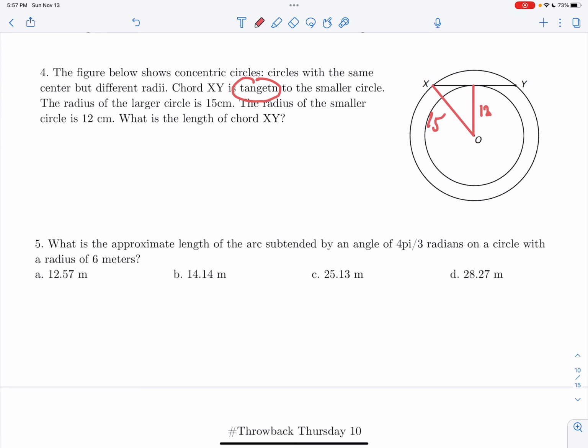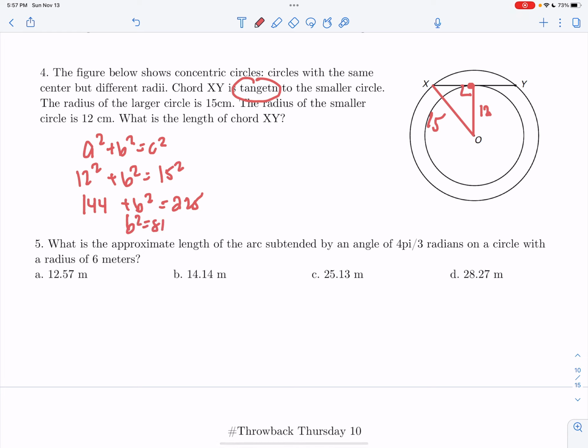What do you notice about the 15 and 12 in this right here? It creates a right triangle with 15 as your lovely hypotenuse. So a squared plus b squared is equal to c squared. 12 squared plus b squared is equal to c squared, which is 15 squared. 144 plus b squared is equal to 225. 225 minus 144 is going to give us 81. b squared is 81, so b is 9.